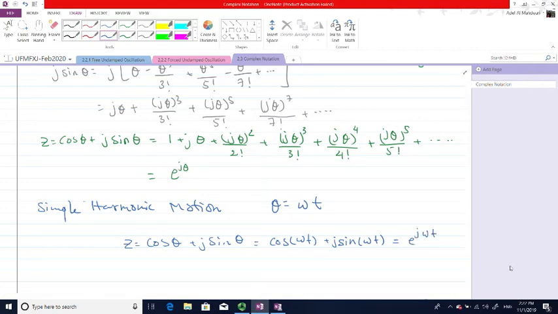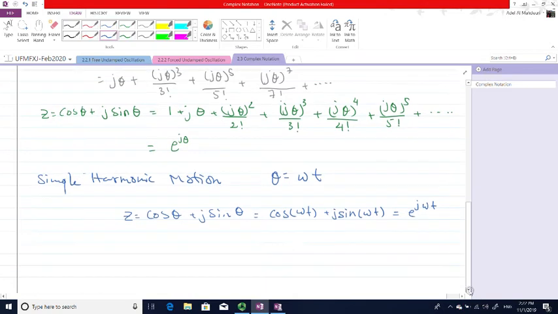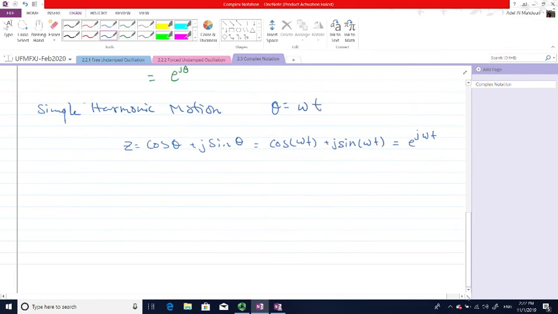So that's how we develop this formula, or this exponential.